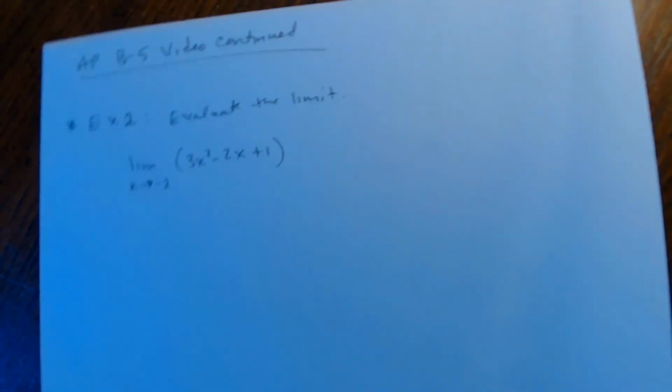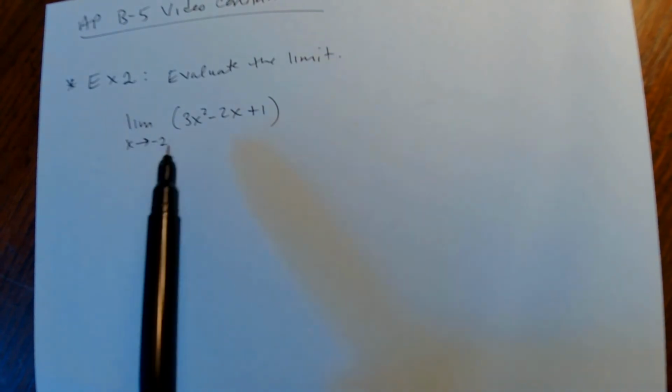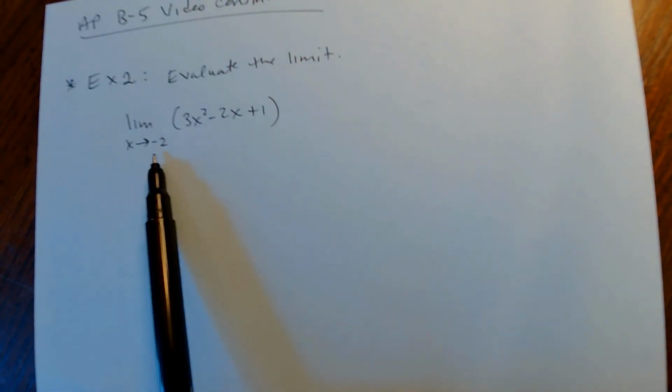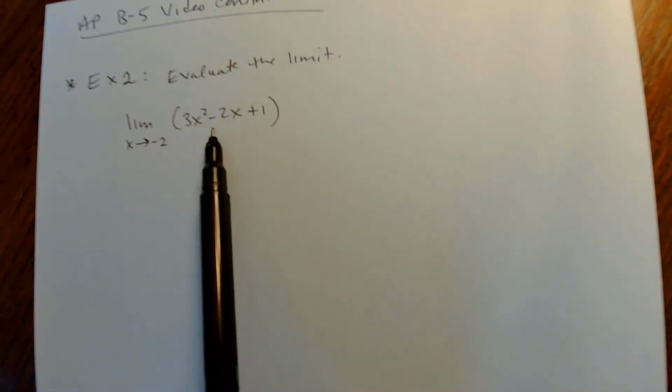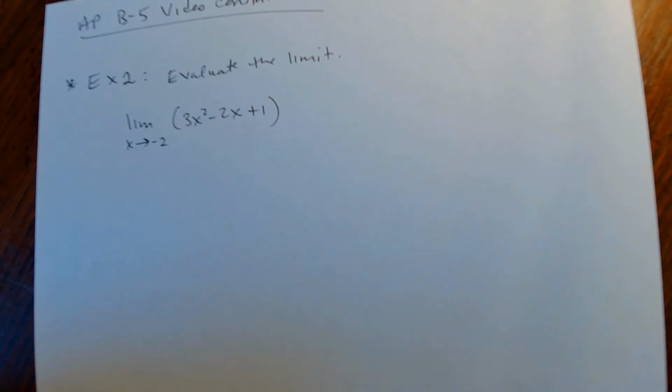Okay, now we're going to do two more little examples. So here's example number 2. Evaluate this limit. Now, guys, in the past, we could evaluate this. We could think of numbers super close to negative 2, and we'd be like 3 times about negative 2 squared minus 2 times. Okay, that's a lot of brain power. It gets easier the more you do, but that's more brain power than just plugging in negative 2.